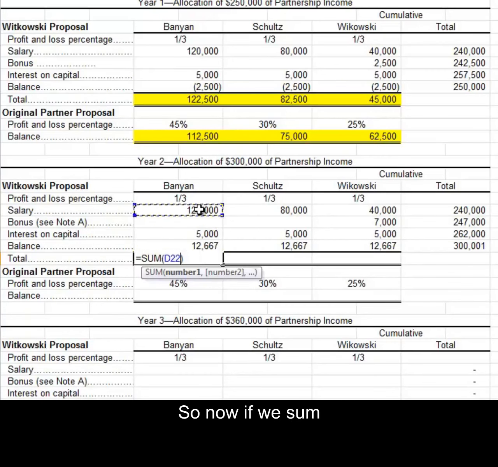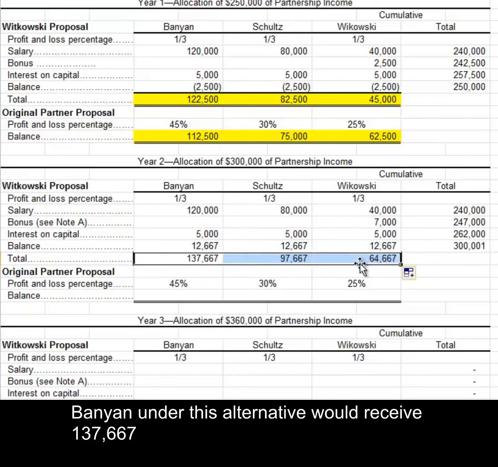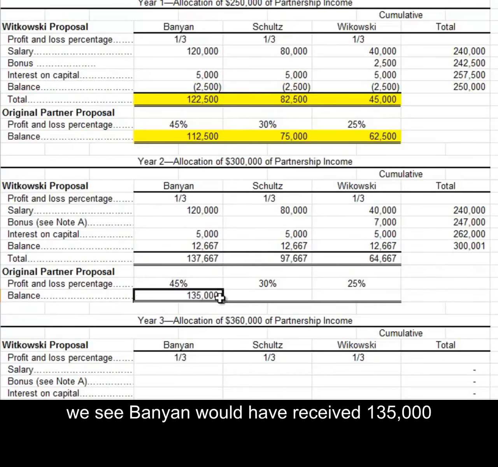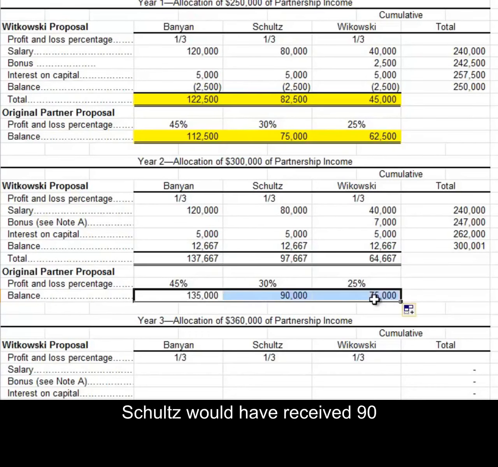So now if we sum, Banyan under this alternative would receive $137,667, Schultz $97,667, and the new partner $64,667. Under the old agreement, we see Banyan would have received $135,000, Schultz would have received $90,000, and the new partner $75,000.